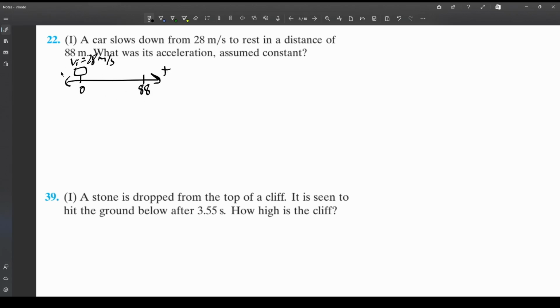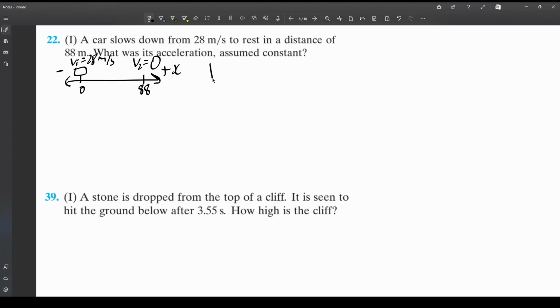So our reference is that this side is plus and this side is minus in the x-axis. And then you know that at the end, your velocity is 0 meters per second.